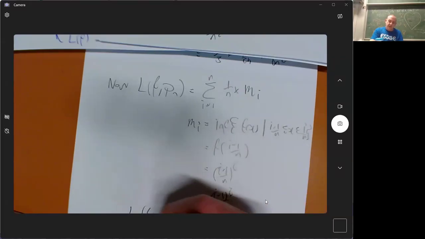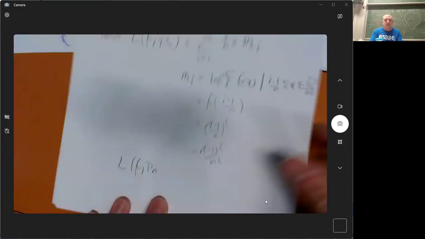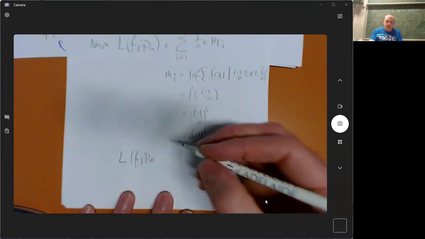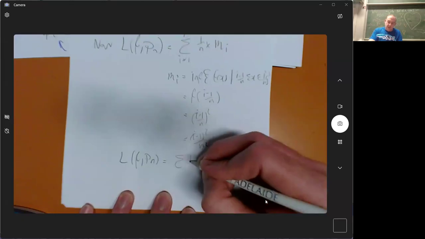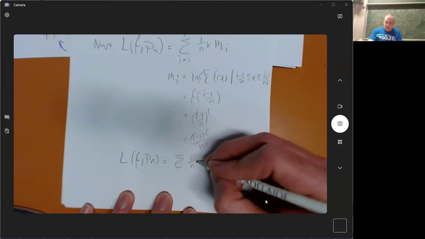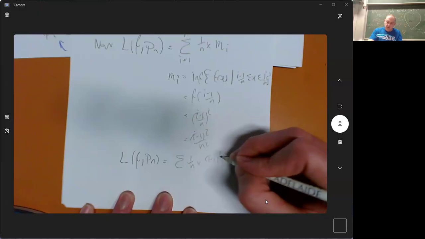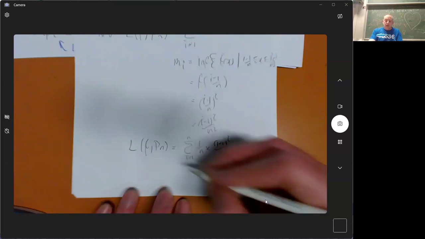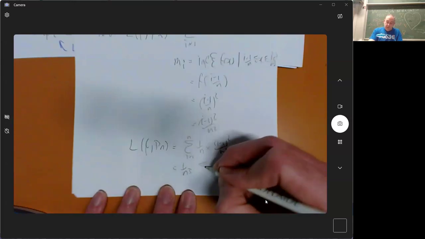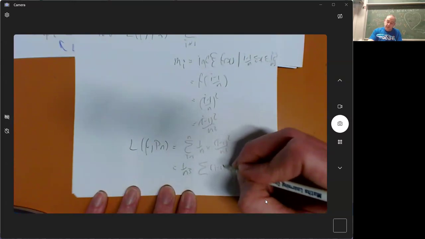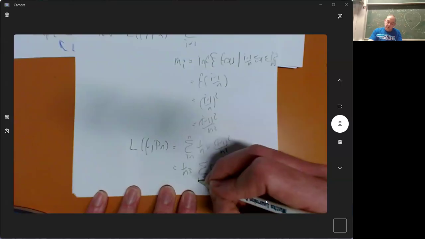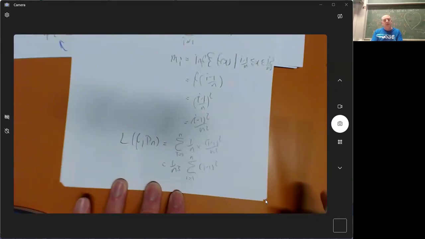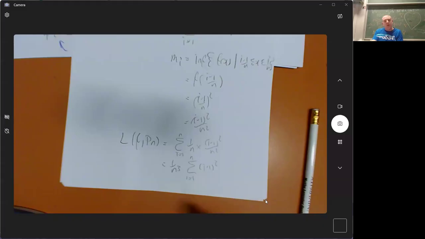And so L f Pn is the sum of 1 on n times i minus 1 squared on n squared, which is 1 on n cubed times the same sum but from 0 to n minus 1 instead of from 1 to n.